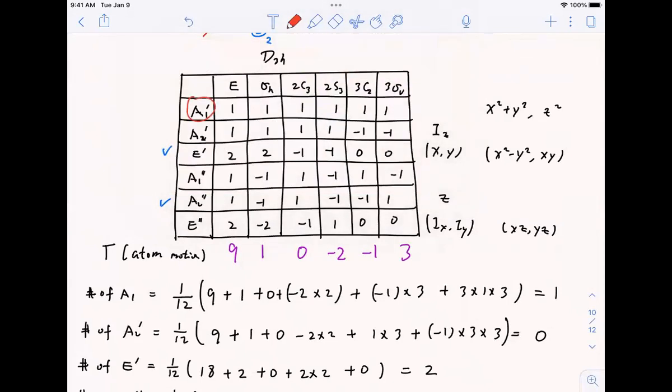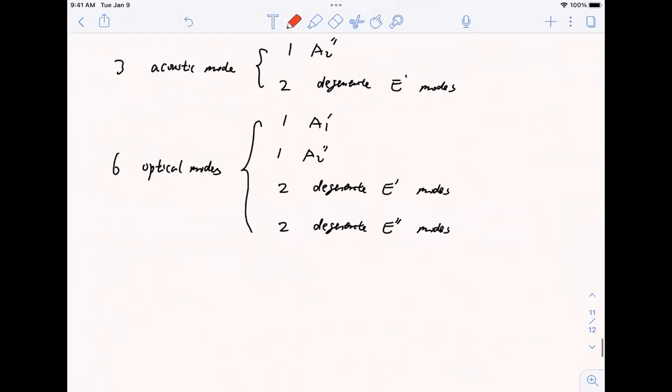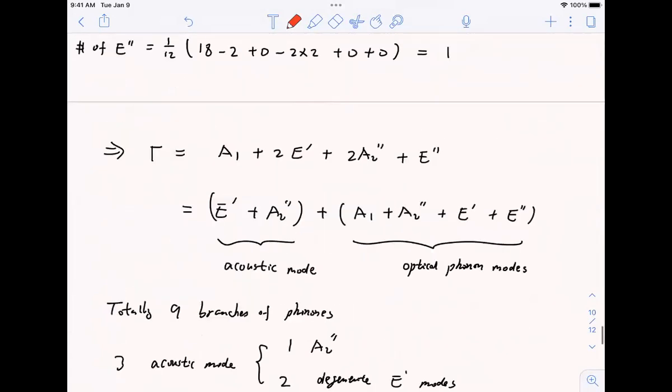A1 prime, A2 prime. These are phonon modes. A1 prime, A2 double prime, E prime, E double prime. These are optical phonons.